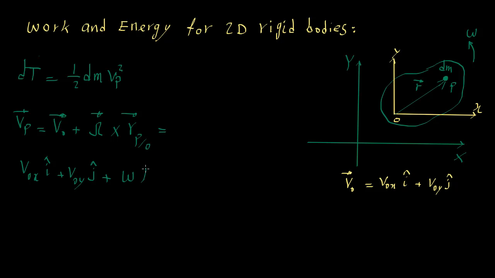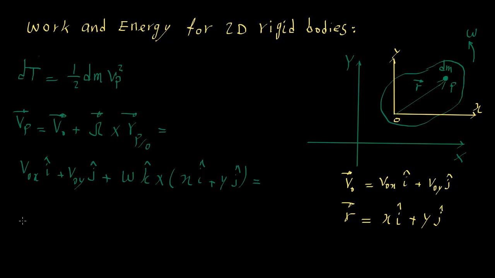So this would be omega in the k direction, which could be positive or negative, cross R of P, which is x in the I direction plus y in the j direction. Basically we are saying that R is equal to x in the I direction plus y in the j direction.